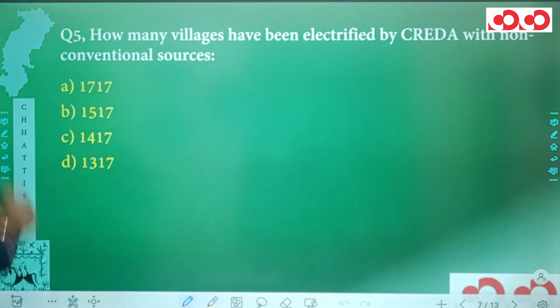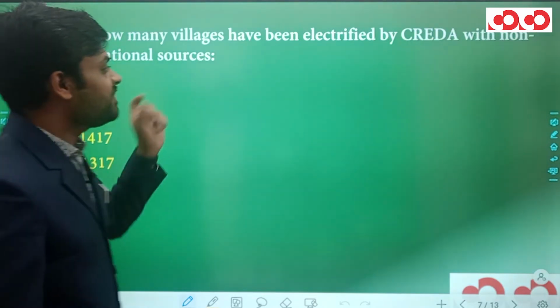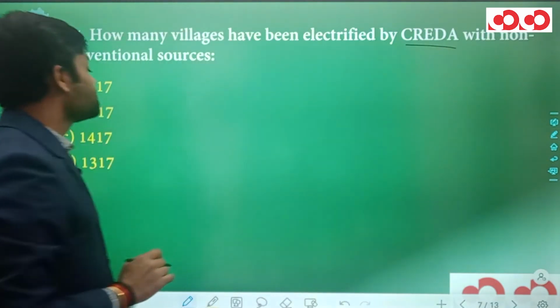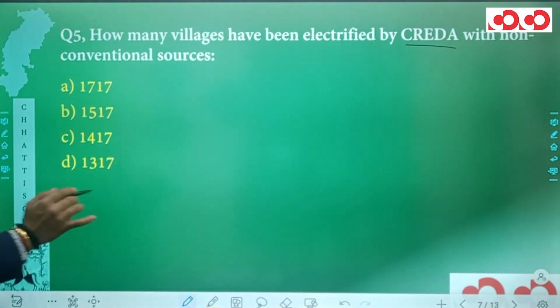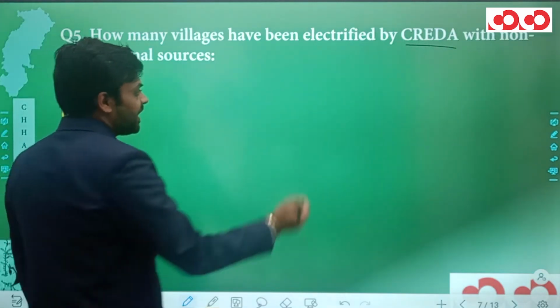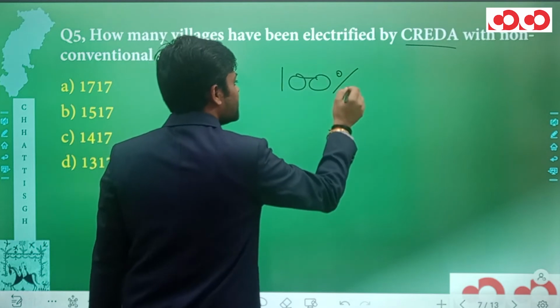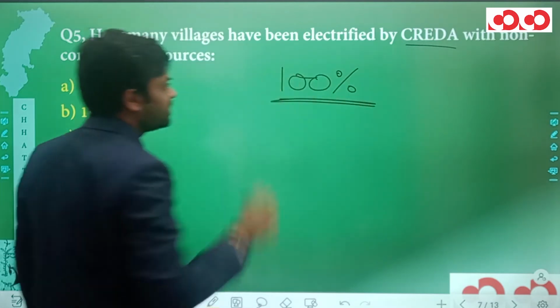In the fifth question we have, how many villages have been electrified by CREDA with non-conventional sources? Regarding rural electrification, let me tell you, rural electrification in Chhattisgarh is 100%.